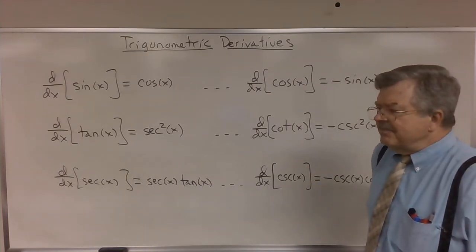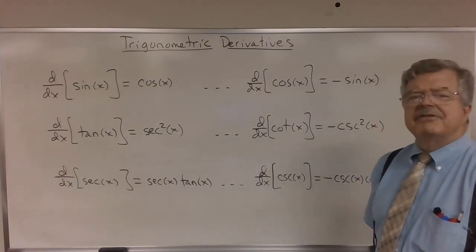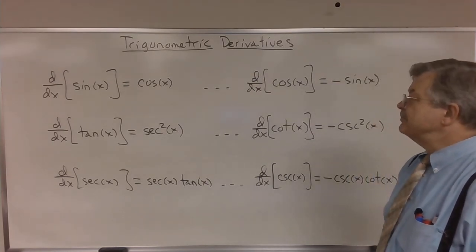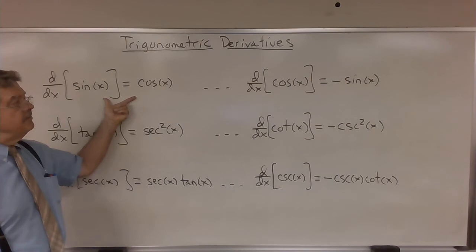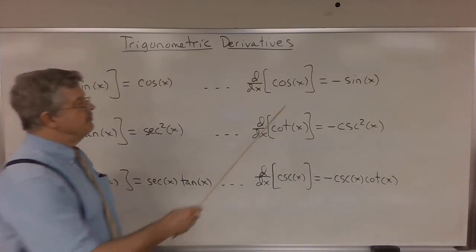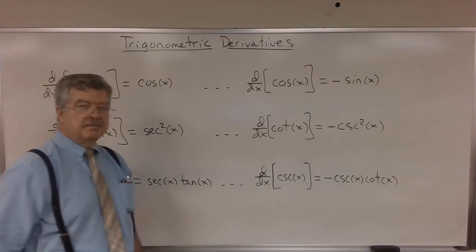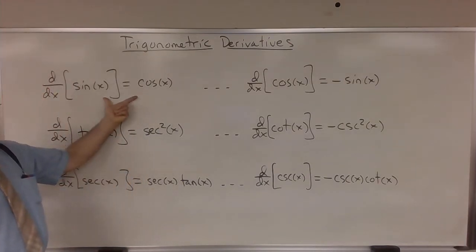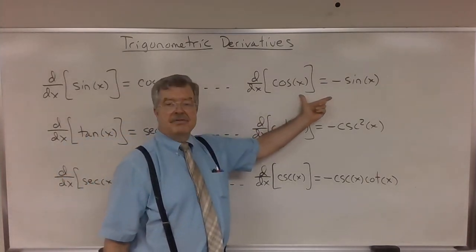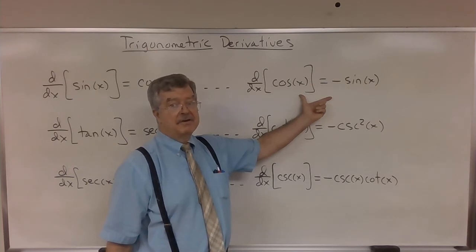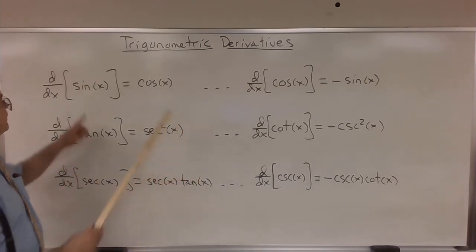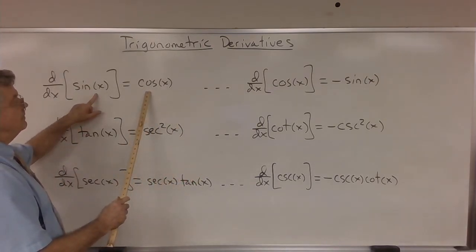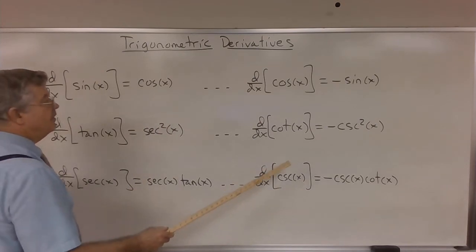Now here's a pattern that will make things a bit easier to remember. If we know the derivative formula for one function, it's easy to come up with the derivative formula for its co-function. For example, if we know the derivative of sine of x, it's easy to produce the derivative formula for its co-function, cosine of x. And we do two things. We take every function in the original formula and replace it with its co-function.